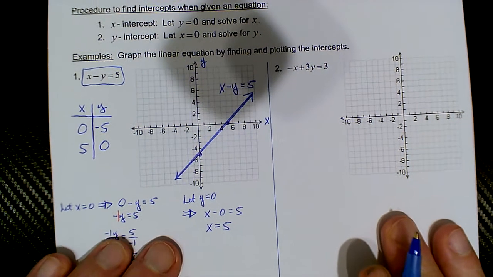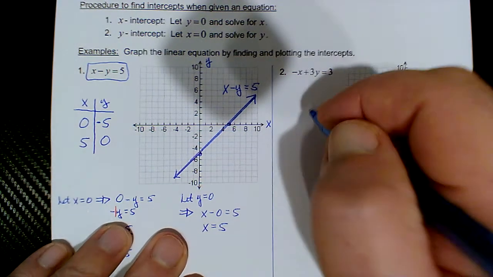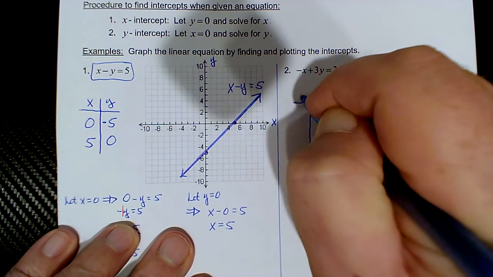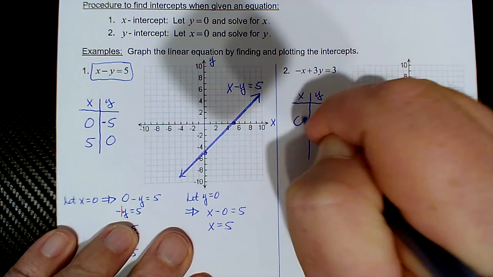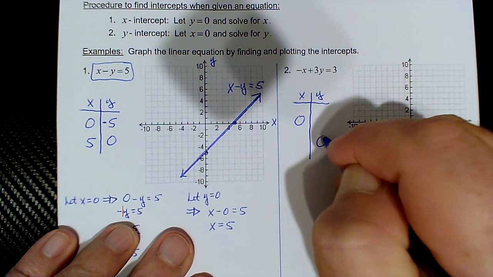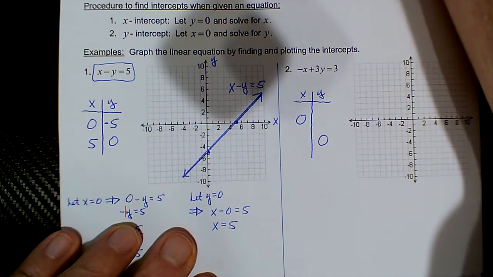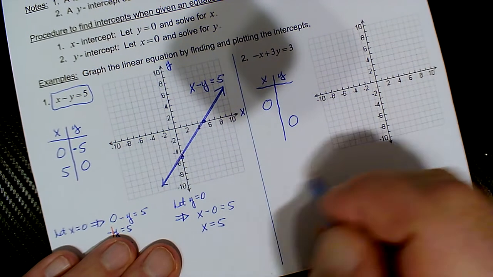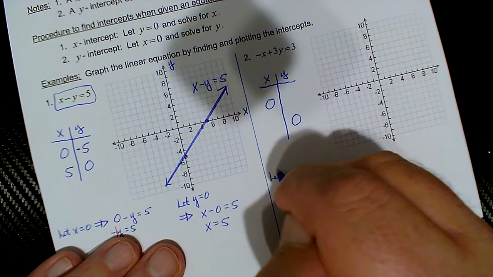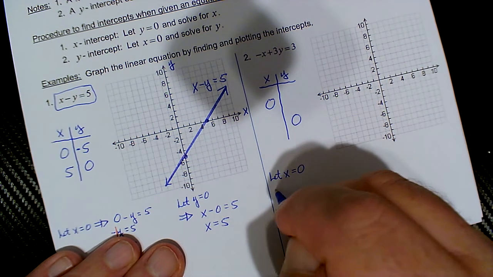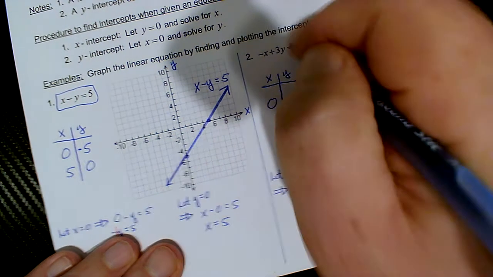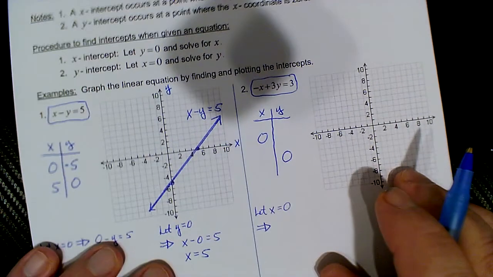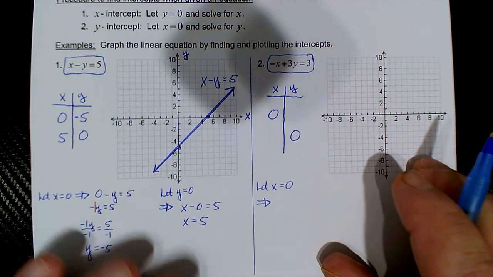Okay, so a quick way to do this then would be to simply make a table, put a 0 in for x, find out what y is, put a 0 in for y, and find out what x is. So I'll show the work at the bottom here. If we let x equal 0, then we get, okay, this is our equation now.